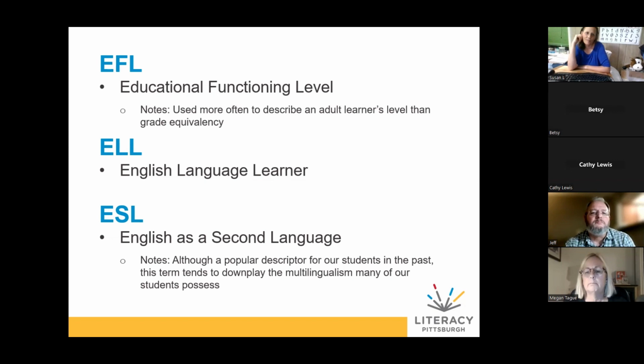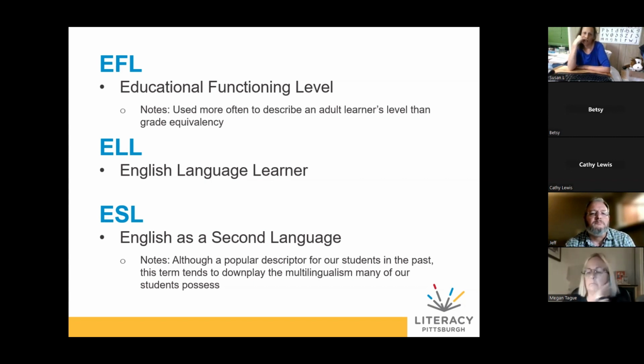And then I've been using the word ESL a lot. So ELL is English language learner, and then ESL is English as a second language. So at Literacy Pittsburgh, we use both terms. However, ELL is a better descriptor for our students because many of our students speak more than their first language and English.